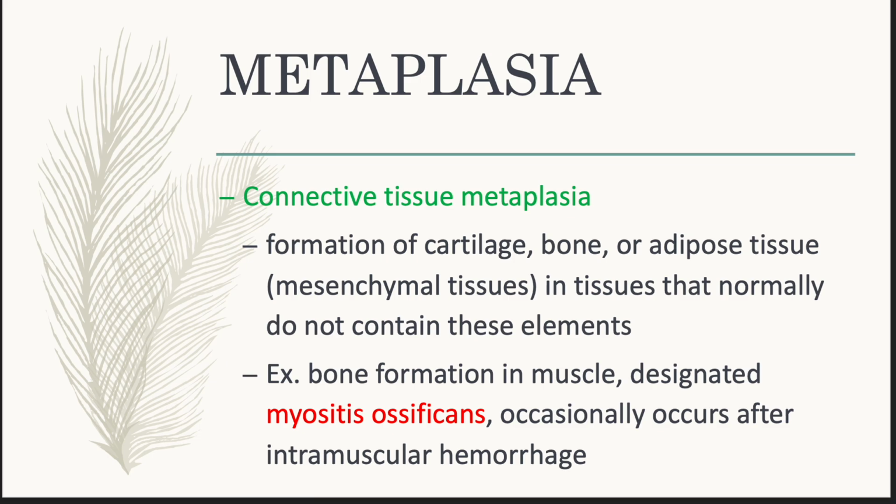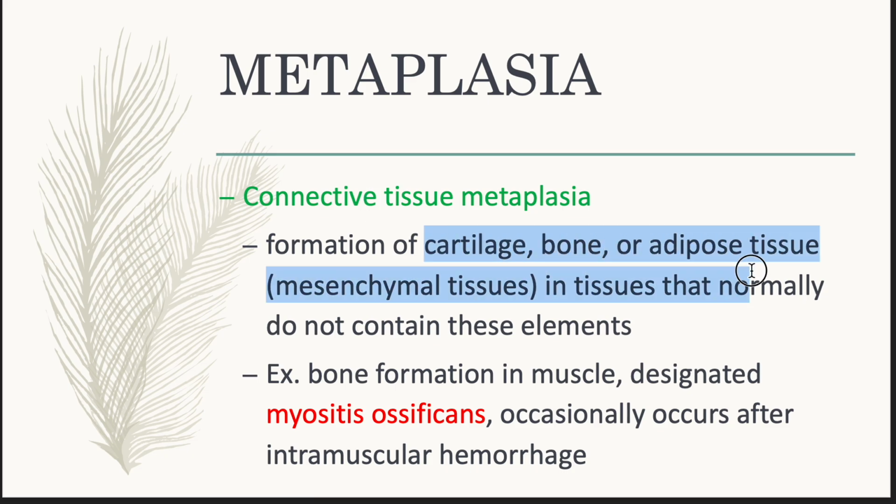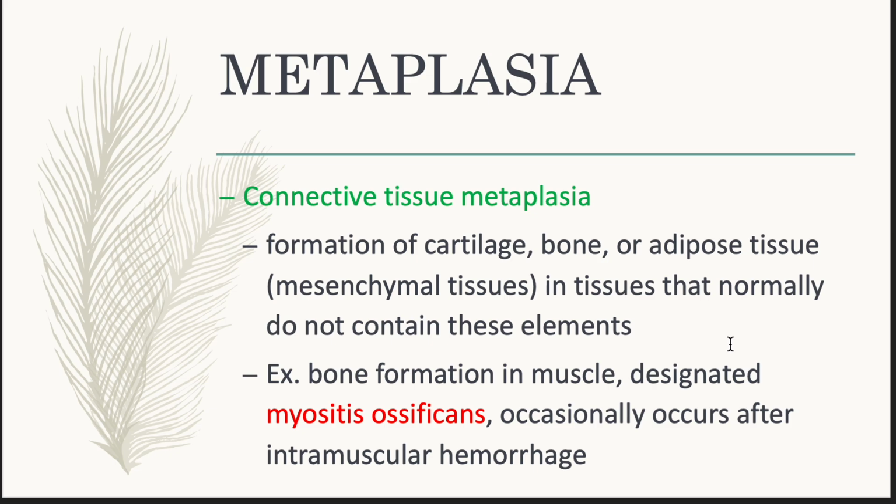Okay? So next is you also have your connective tissue metaplasia, formation of cartilage, bone, or adipose tissue in tissues that normally do not contain these cells. So sakit na ni siya.